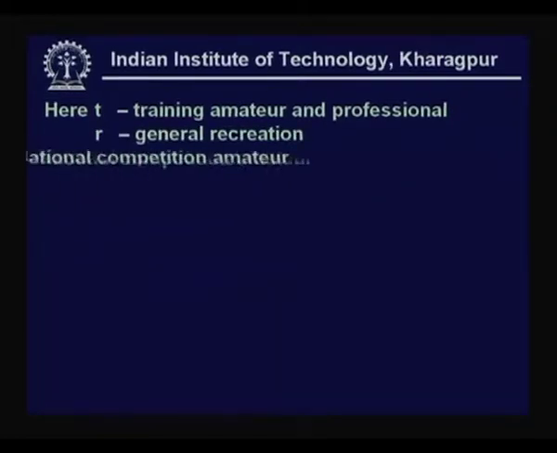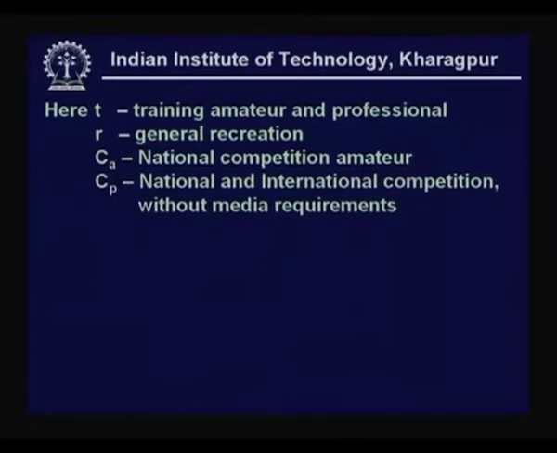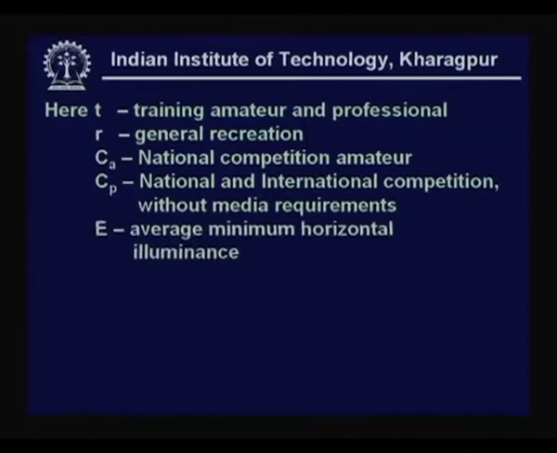As already mentioned, in all these tables, T was referring to training, amateur or professional requirement. R for general recreation. As already said, CA corresponds to national competition, amateur competition, and CP is national or international competition without media requirements.